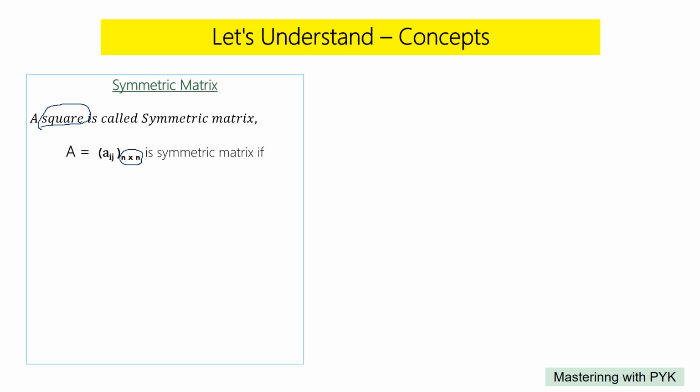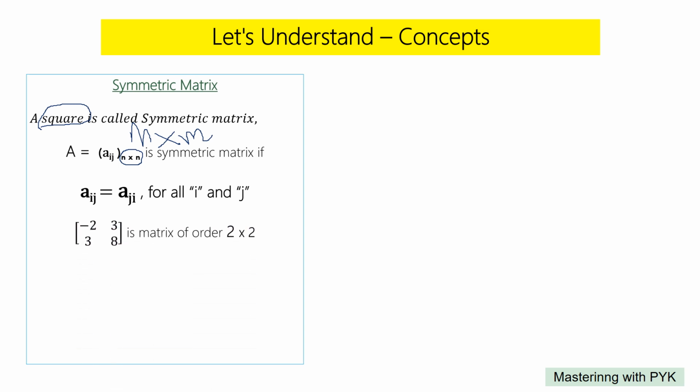This means the number of rows and number of columns are going to be the same. Then if Aij is the same as Aji, meaning if the row and the column are interchanged and the element values are the same, then it is called a symmetric matrix.